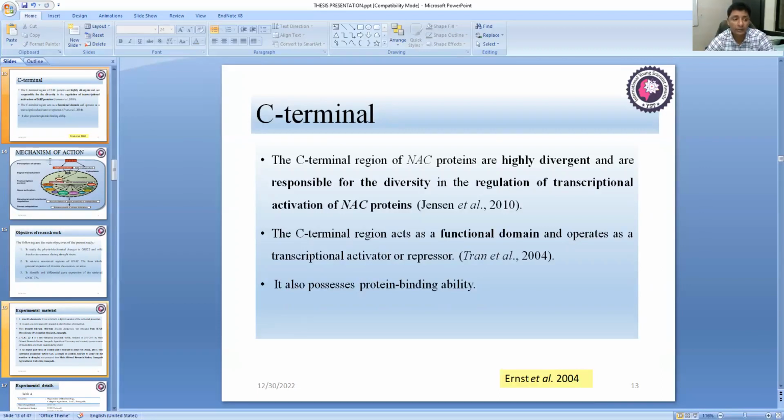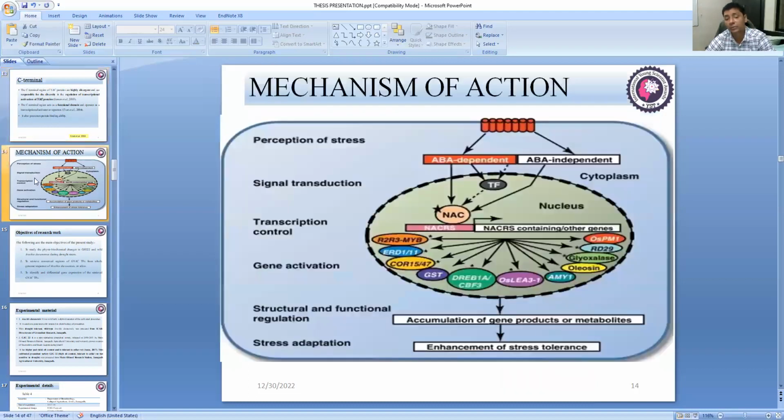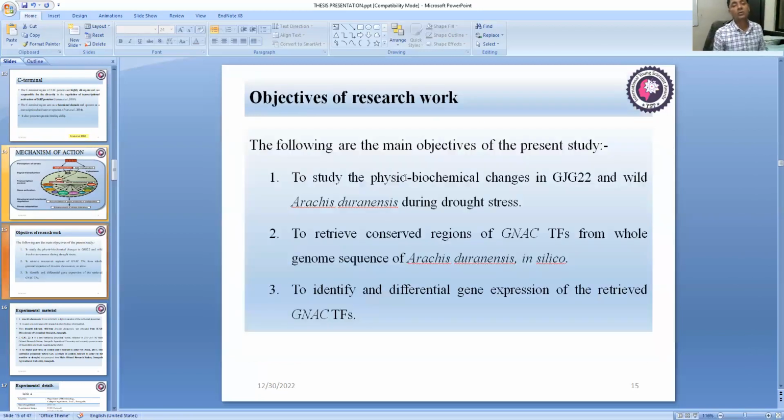Moving ahead, another important thing is the mechanisms. As I told you, ABA-dependent and ABA-independent mechanisms are the key features for the regulation of the NAC transcription factors. Now in that case, we have to emphasize different research aspects.